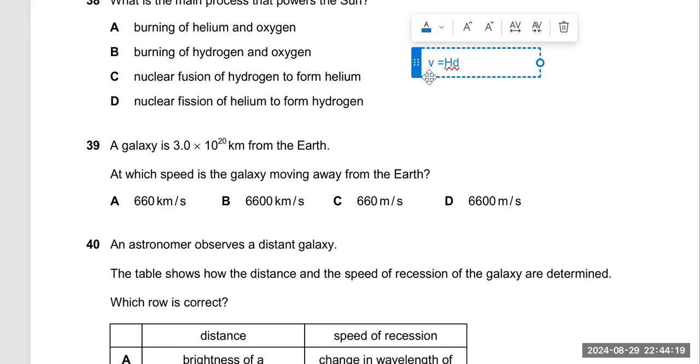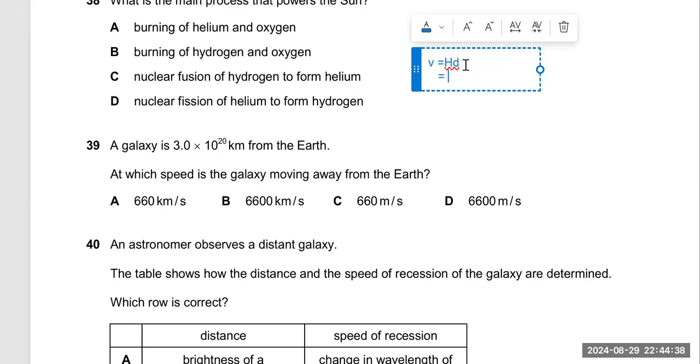So Hubble says that the speed with which the galaxy is moving away from the Earth is directly proportional to the distance of the galaxy from the Earth. So H here is the Hubble constant.